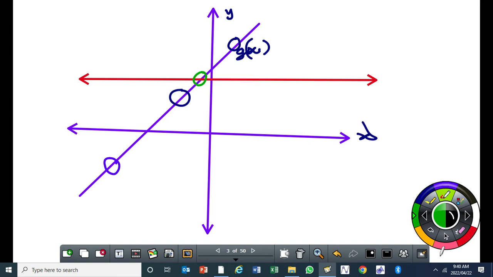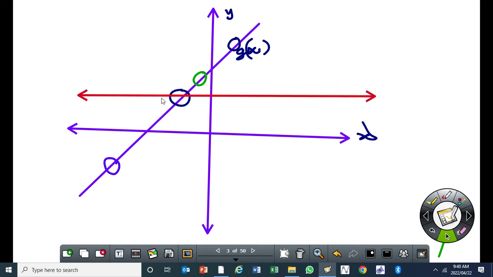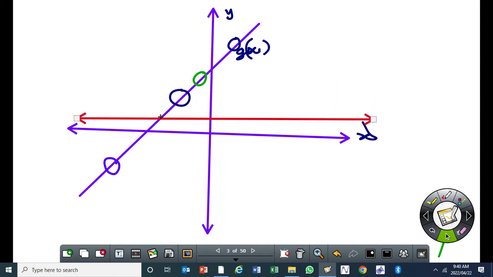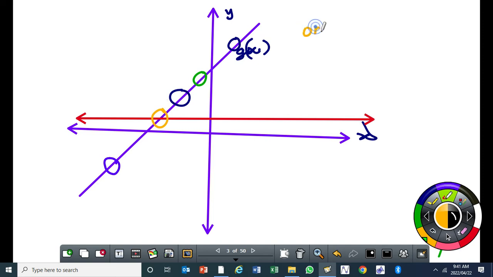If I move it down, again they are going to intersect at one point. This is an indicator that the linear function is a one-to-one relation, because every time you have one x value, you always get one y value.